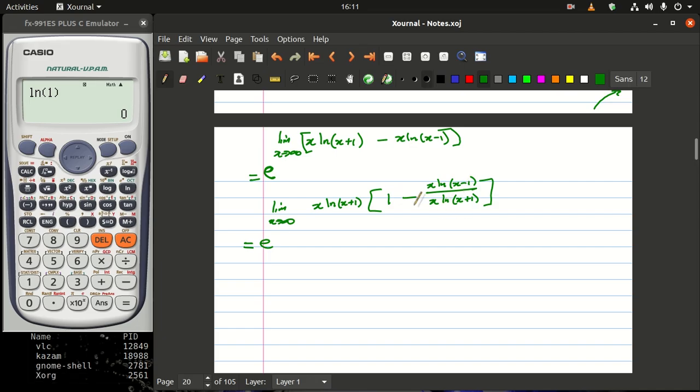Now if you look into this, we end up with the limit here and the limit there, and then this is going to be infinity divided by infinity. That still is going to be a problem, and this one here is still going to be another problem.